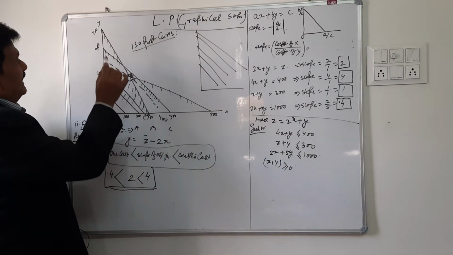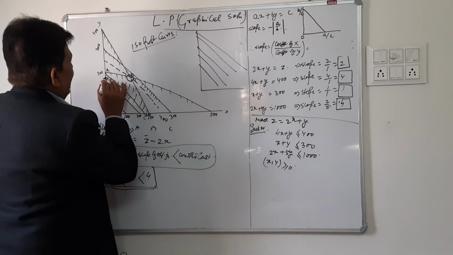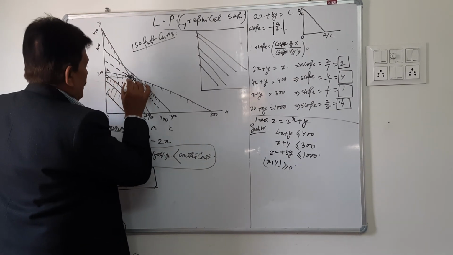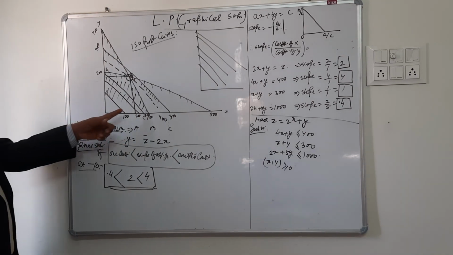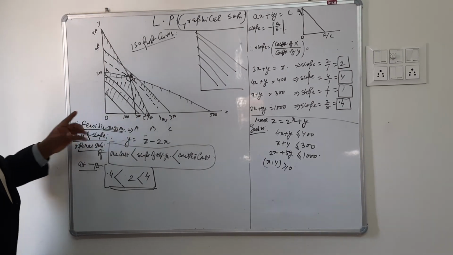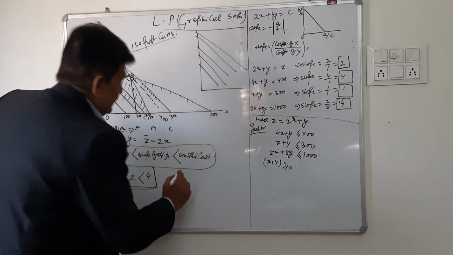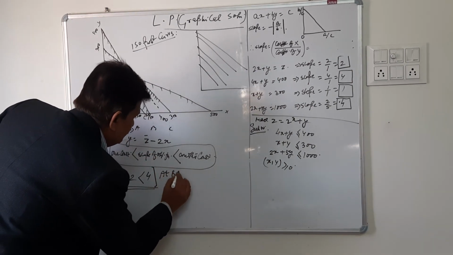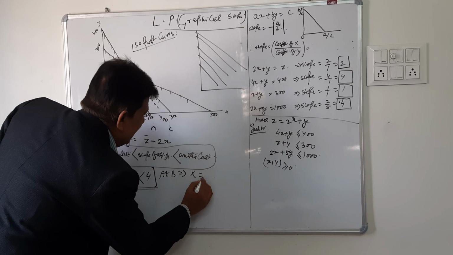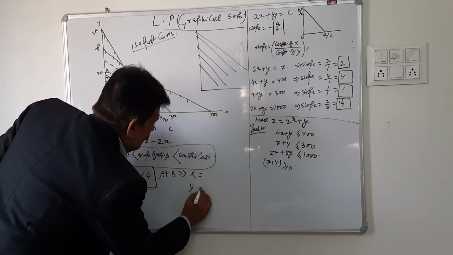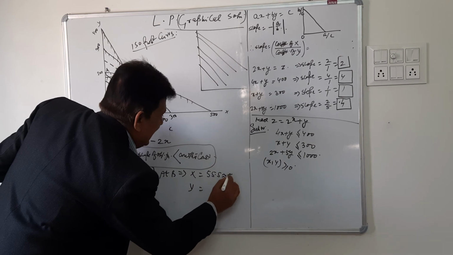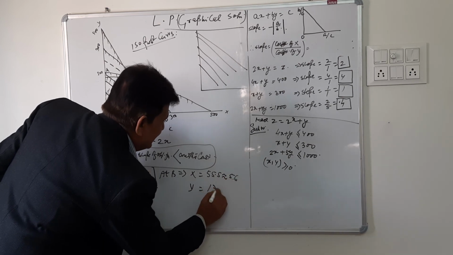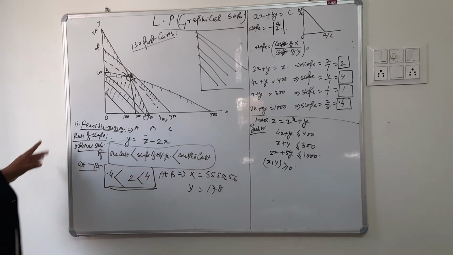So point B is the optimal solution, and the two coordinates of point B will give us the values of x and y that the firm will produce. So at point B, x is 55.5, we take it as 56, and y is 178.